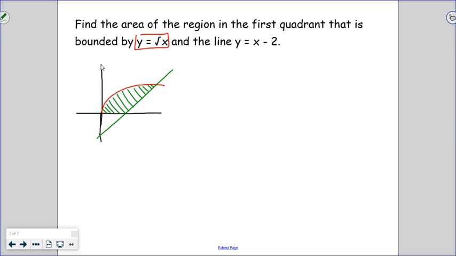As we think about where we would be integrating from, obviously in the first quadrant, we're going to start at x equals 0, and we need to figure out where this ends, where we would stop integrating, which would be the intersection of those two equations.